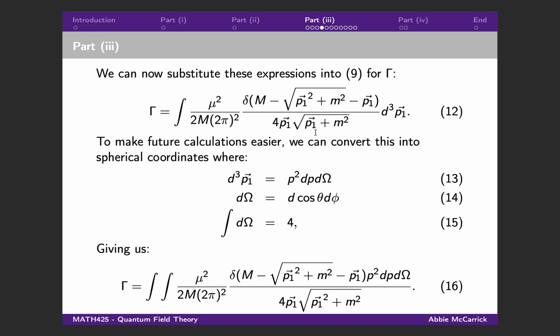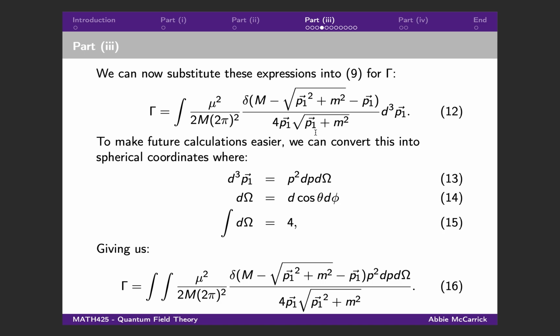To make future calculations even easier, we can convert this into spherical coordinates, where we use these following equivalences in 13, 14 and 15, which read d3p1 equals p squared dp d omega, where d omega equals d cos theta d phi, and an integral of d omega is 4 pi. So substituting all of this in, we then get the following equation for gamma.